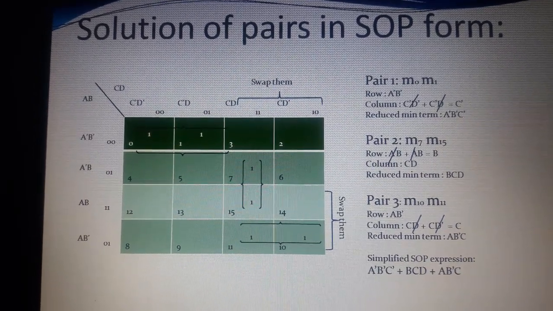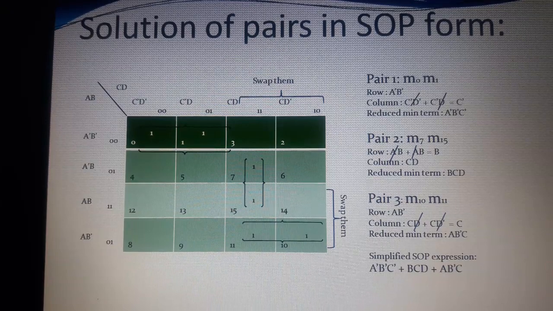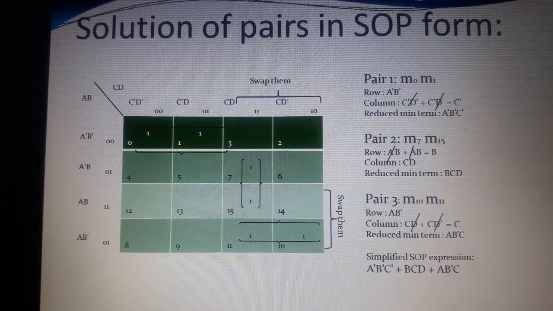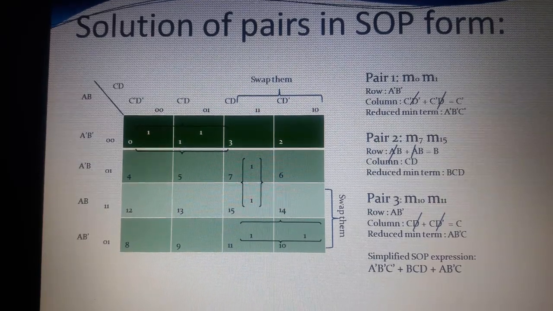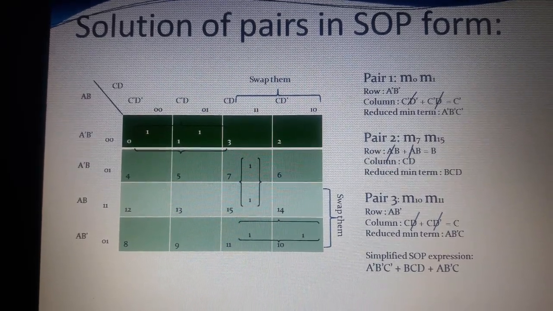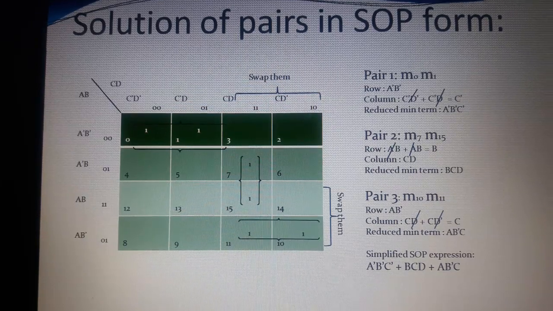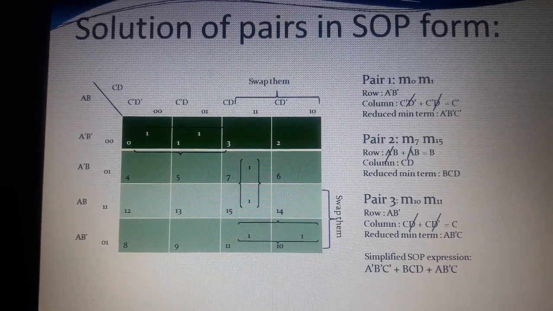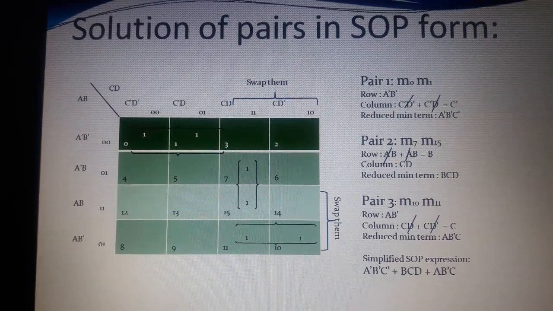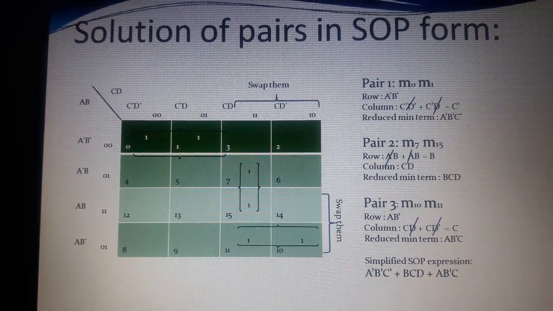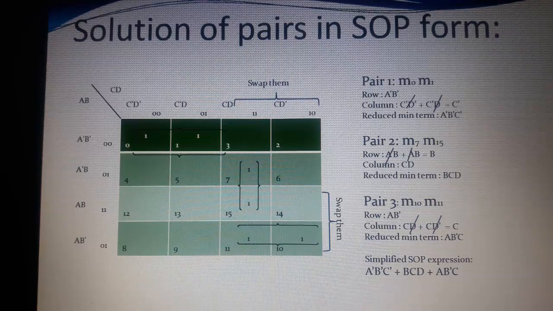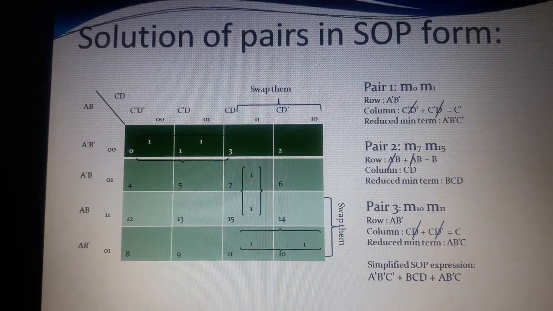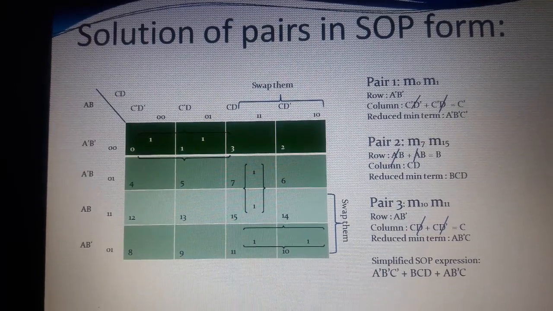And when we are adding them, see, one Boolean law is applied: A + A' = 1. The common term I had taken out, C'. And when we are combining them together, we are getting a minterm, that is A' B' C' and D'. The same thing I had done for pair 2 and pair 3 also.